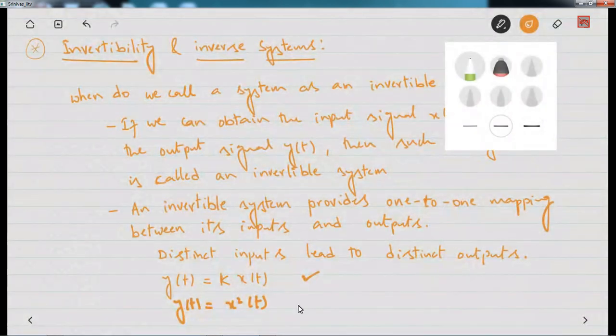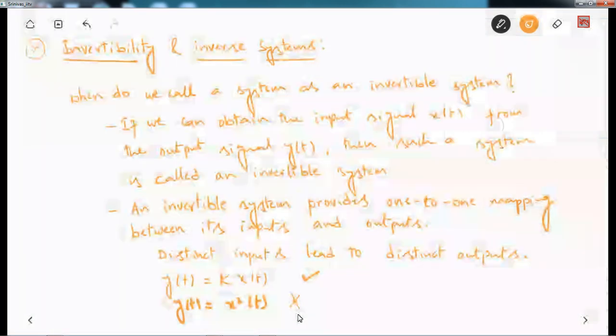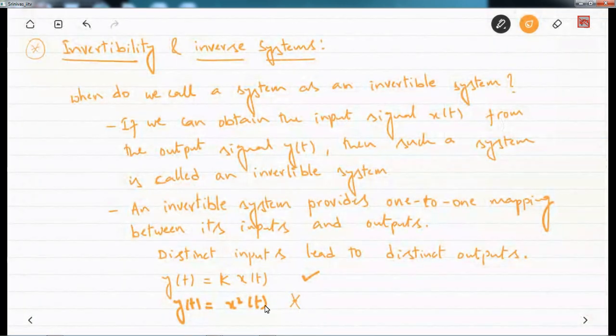Y of t is equal to x square of t. It's not an invertible system, because say x of t equal to +4 or -4, both get mapped to +16 here. Whether x of t has a minus value or a plus value, both get mapped to a positive value by this relation. So this is not invertible.